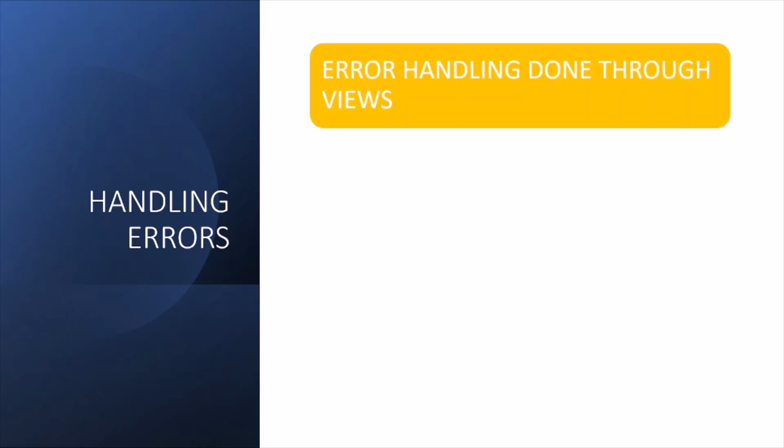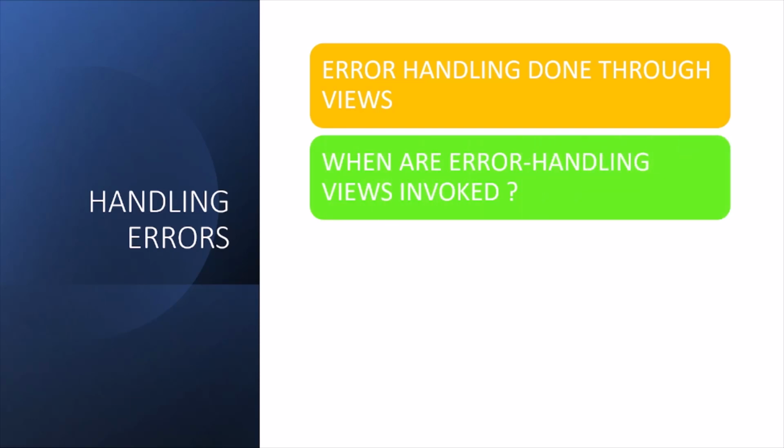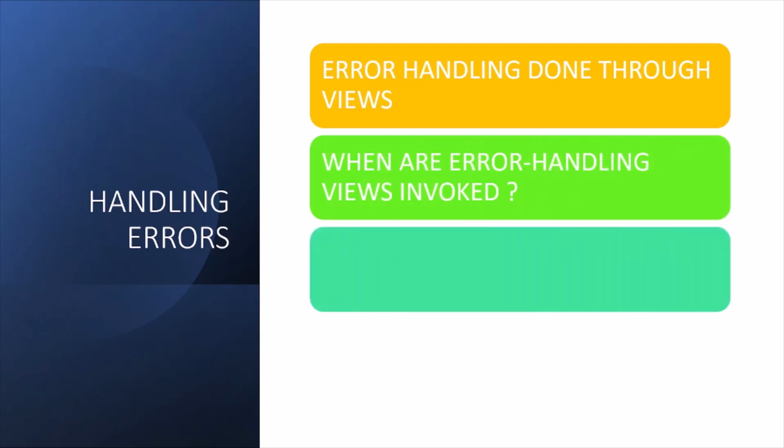Now moving on to error handling. All error handling in Django is done through views. These views are built into the framework. When are they invoked? They will be invoked, for example, if Django encounters the error URL not found, or if another exception occurs.